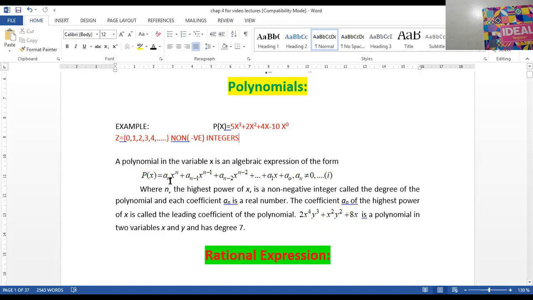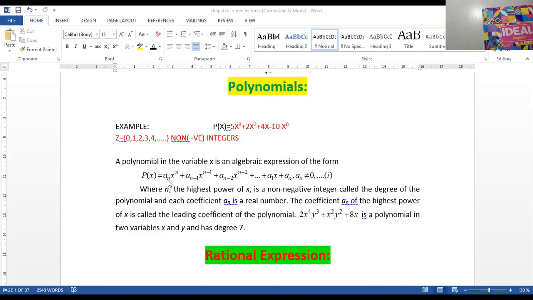So P of x is equal to a_n x to power n, and you will see what is written here. I will explain what the power of x is: x to power n minus 1, x to power n minus 2. We will see what the n's are, and I will rewrite it just below. First, read with me that each a contains a subscript written at the foot of the a.